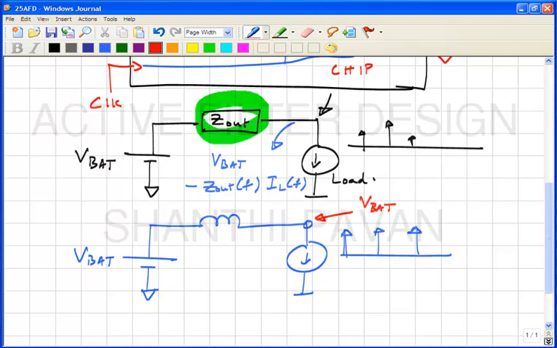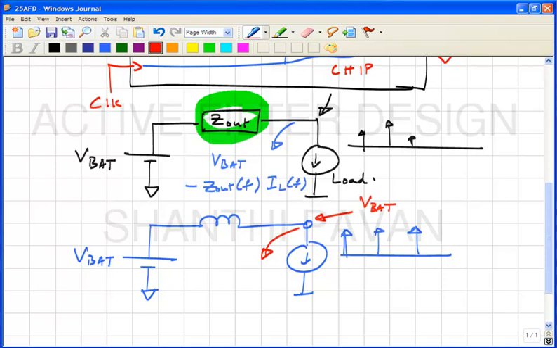Okay. However, what can you say about the instantaneous voltage here? Whenever the current in the load attempts to become a spike, what are you in essence trying to do? You are trying to suddenly change the current through the inductor, which can only happen if you effect a step or an impulsive change in current through an inductor.